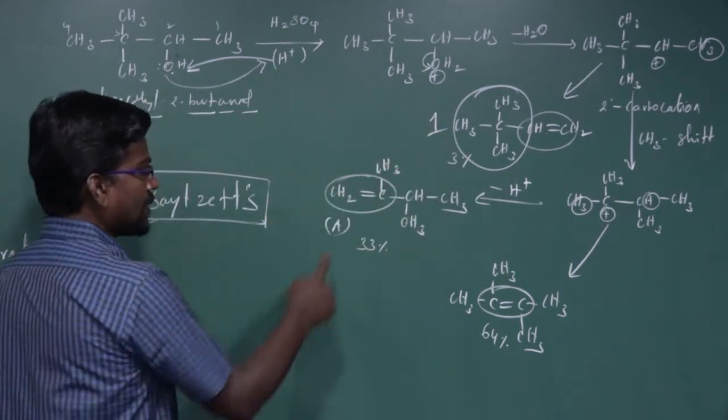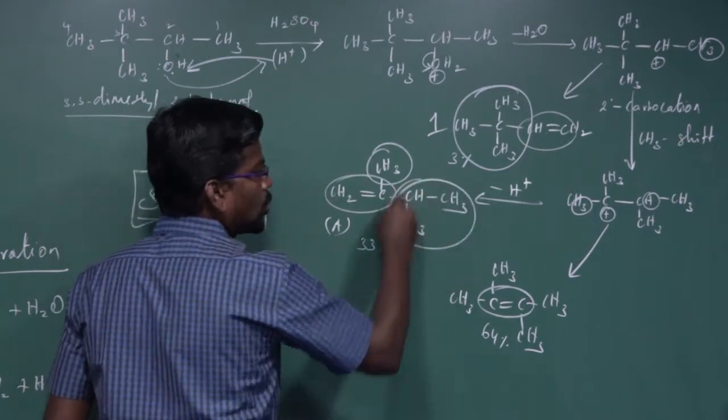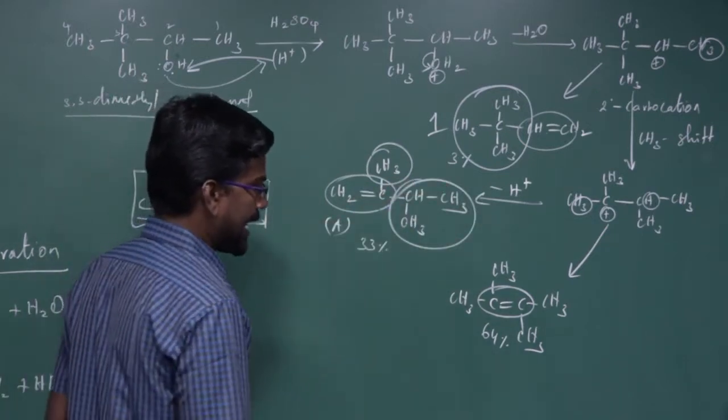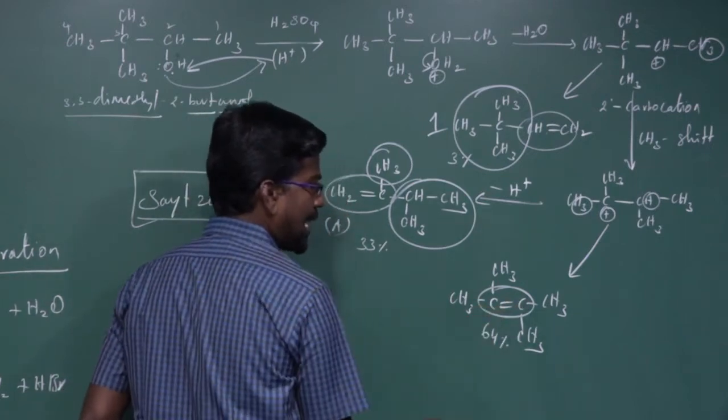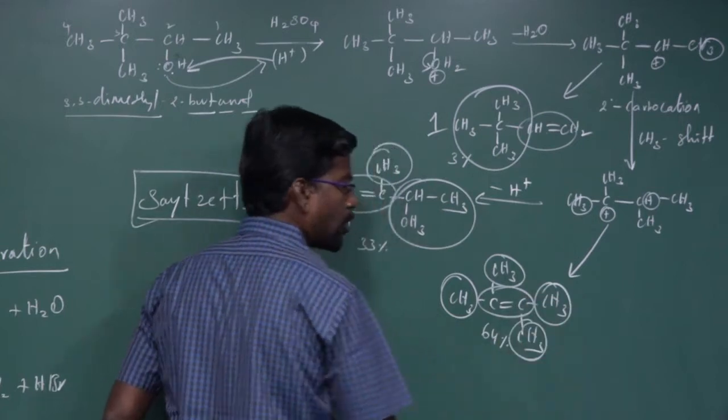Another one, that carbon-carbon double bond is bonded with 2 alkyl groups. Here the carbon-carbon double bond is bonded with 1, 2, 3, 4 alkyl groups.